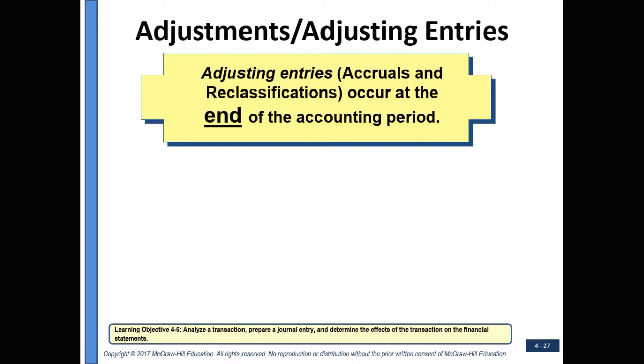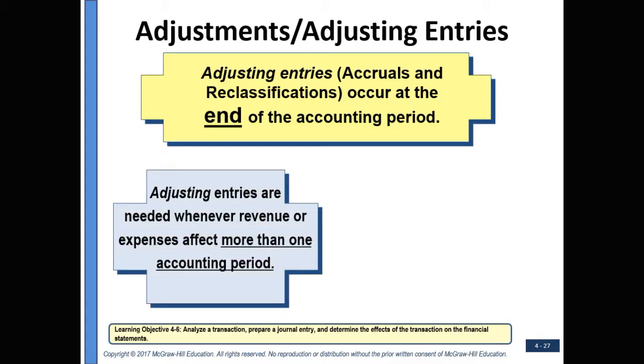Adjusting entries, also known as accruals and reclassification entries, occur at the end of the accounting period. They're truing everything up so that we can present fair and accurate financial statements. Adjusting entries are needed whenever revenues or expenses affect more than one accounting period.